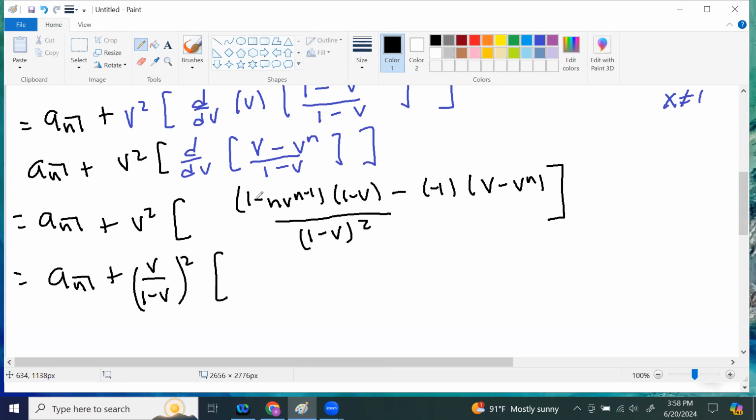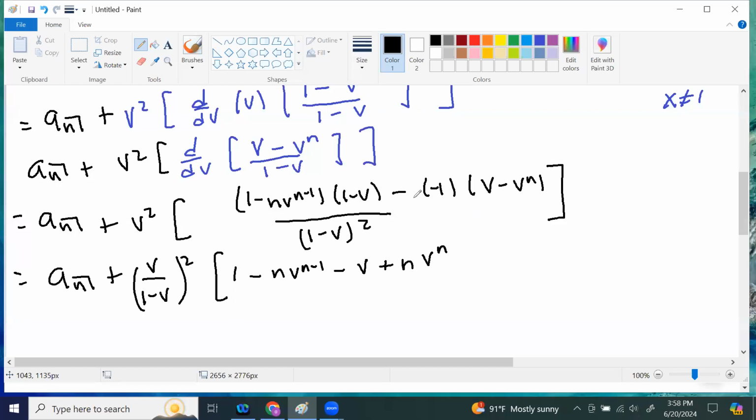Now let's do a little bit of algebra. 1 times 1 is 1, minus n v^(n-1), minus v, plus n v^n. And all this does is flip the sign.